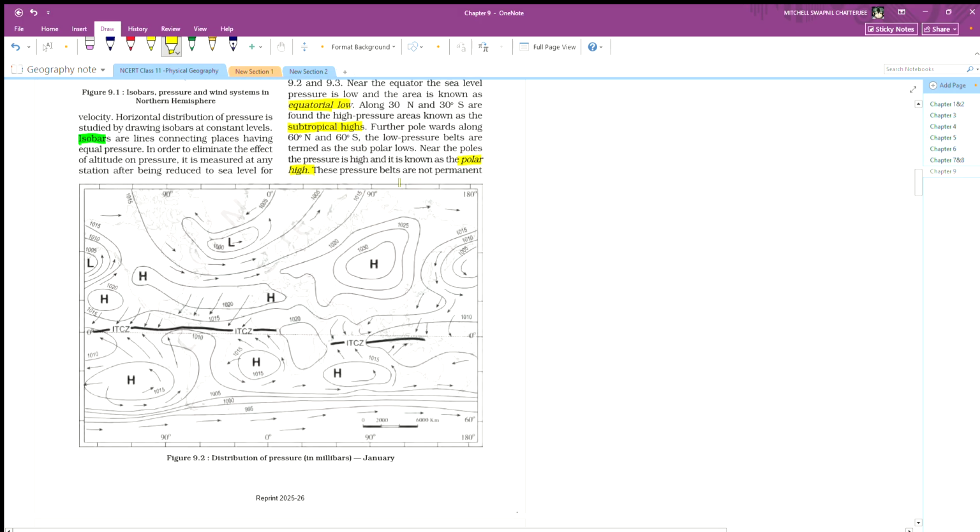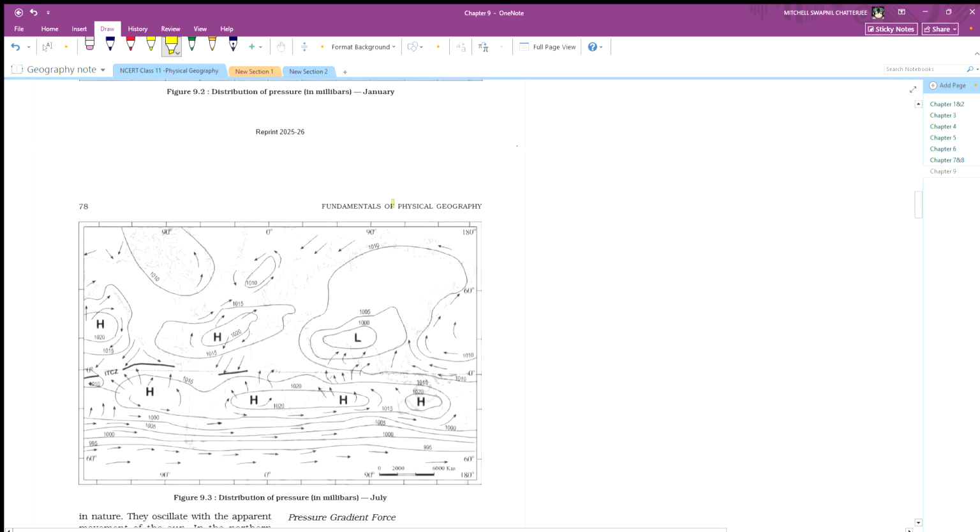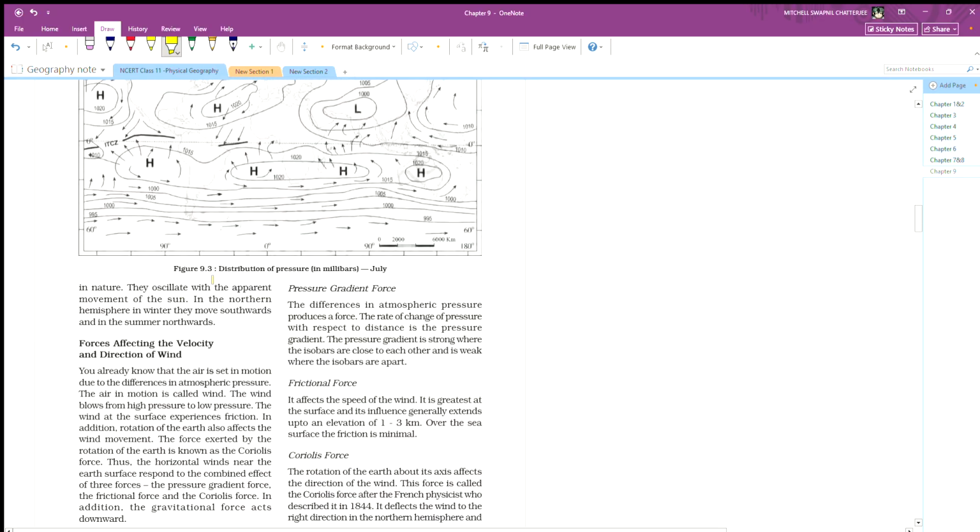These pressure belts are not permanent in nature. They oscillate with the apparent movement of the sun. In the northern hemisphere, in winter, they move southward, and in summer, northward.